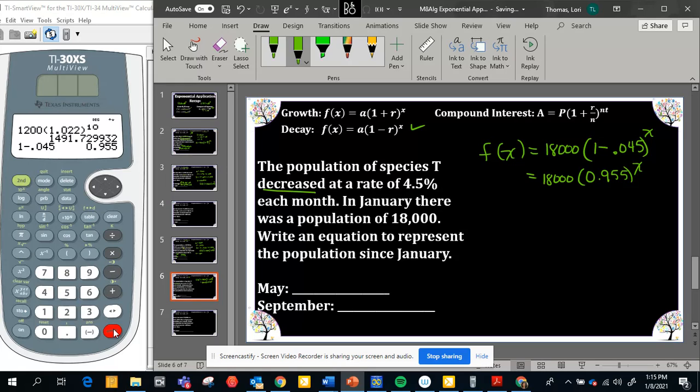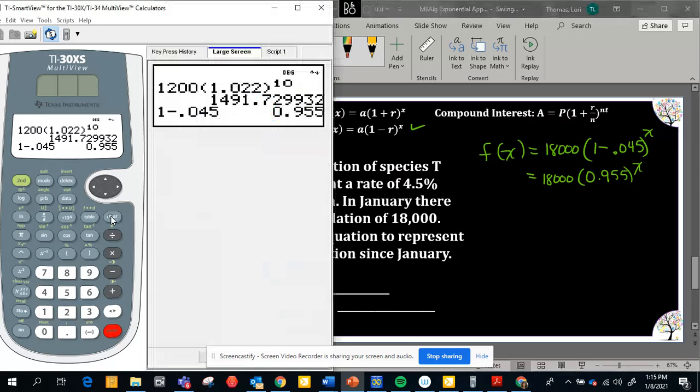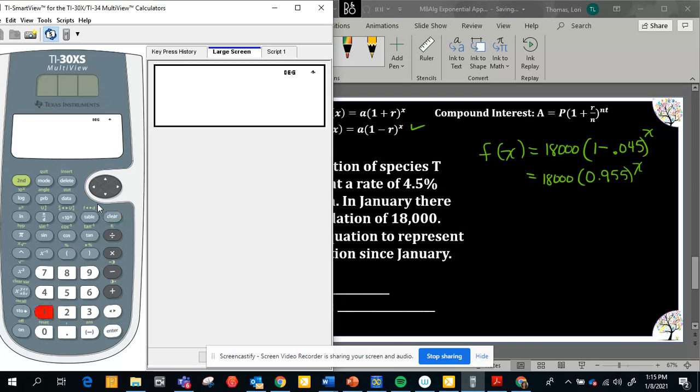Now, from January to May, so we start out in January, and then we have February, March, April, May, and that's going to be 4. So I'm going to plug in 4. So this time, we're going to have 18,000 times 0.955 raised to, and we said 4.